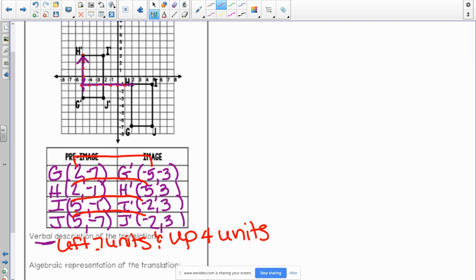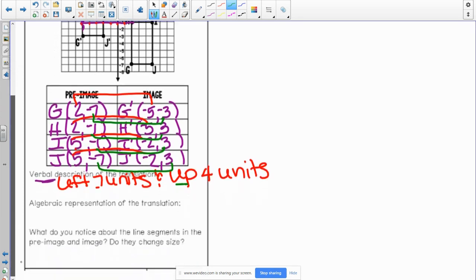Up 4. So we'll look at the y values, -7 to -3, -1 to 3, -1 to 3, -7 to -3. Again, increasing value. All of them, if you look at them really quickly, are increasing by 4, which again wouldn't surprise me because we know the translation moved up 4.